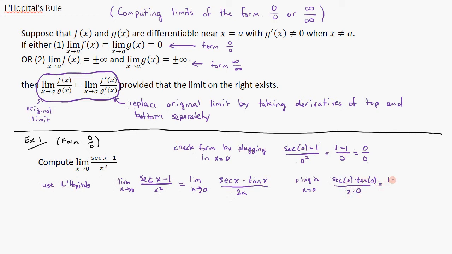Secant of 0 is 1, tangent of 0 is 0, and 2 times 0 is 0. 1 times 0 is 0. So again, we have 0 over 0. Because this new limit is also 0 over 0, we have to apply L'Hopital's rule again.